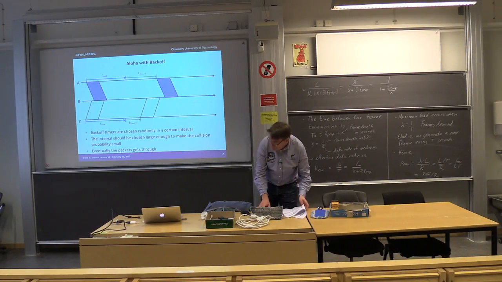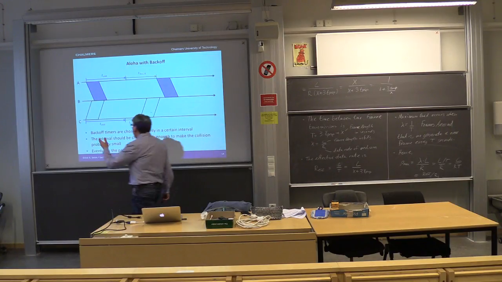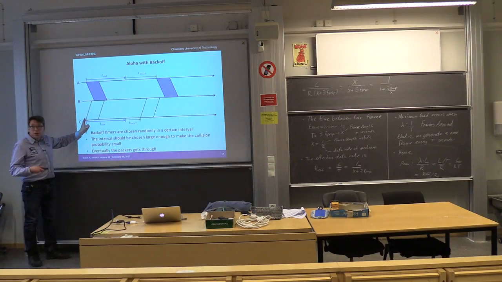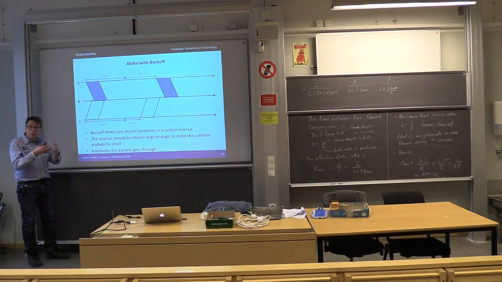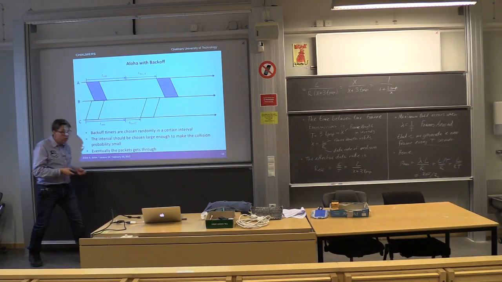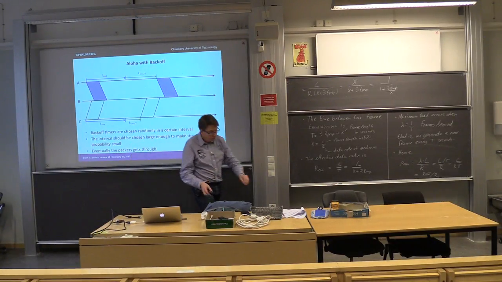So, how often does node C get a new frame to transmit? That tells us the frame generation rate for C, for B, and for A, and all of them together give us the total rate on the system.